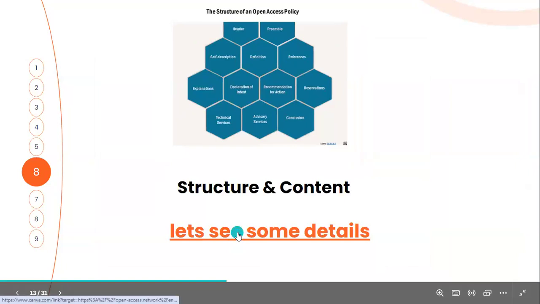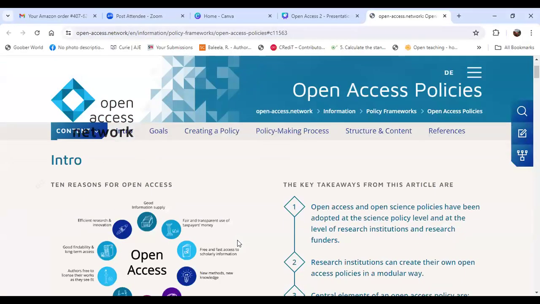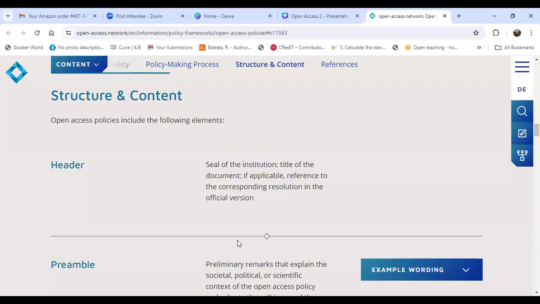Let's go here. This is a nice website that will help you a lot to formulate your open access policy if you need to. You will find here definitions for each of those words I've used earlier. For example, a header. A header is a seal of the institution.